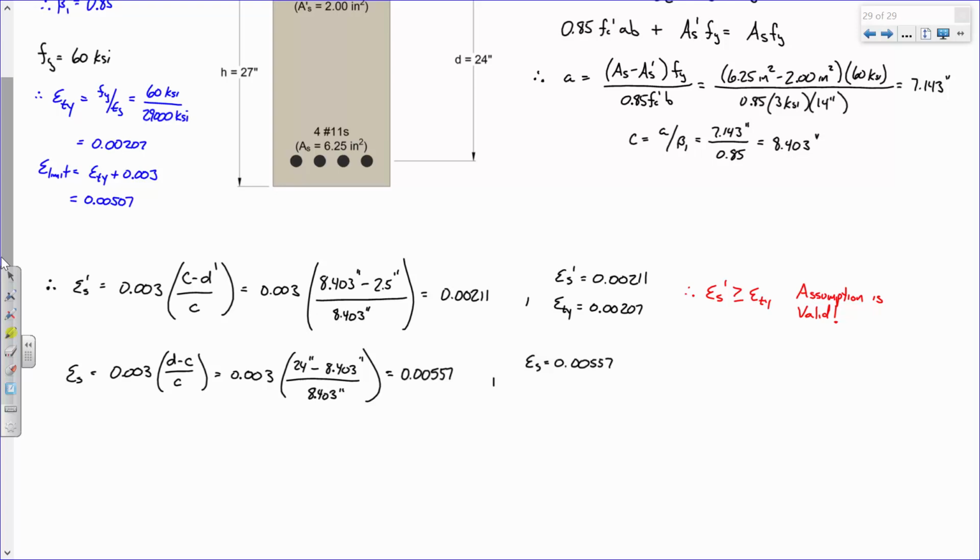Why did we compute the strain in the steel, the lower layer of steel before? Like, why did we ever compute that? Phi value. The phi value. And so what do I compare that against? 0.00507. So the limit. And what can you tell me about this observation?